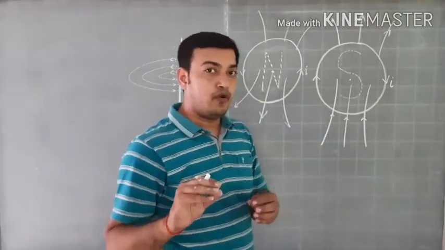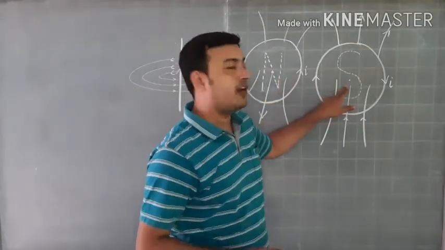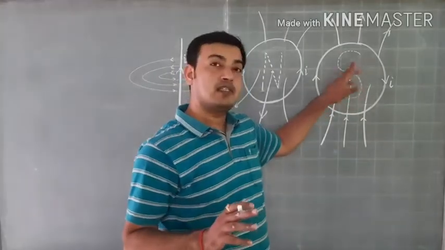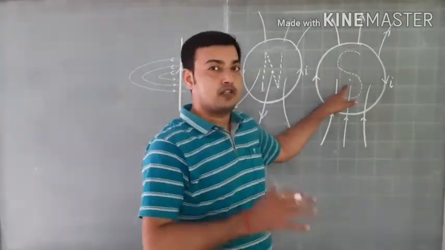Now, as monopoles cannot exist, this face will behave like a south pole, and this coil must have another face, and that face will behave like a north pole.